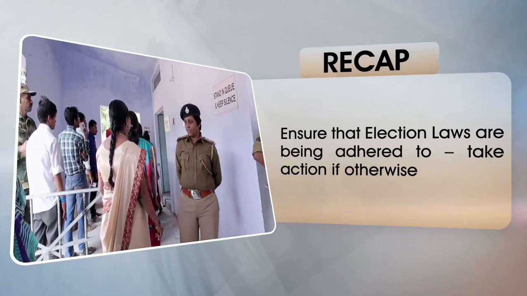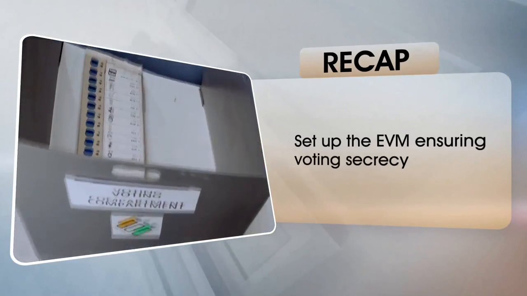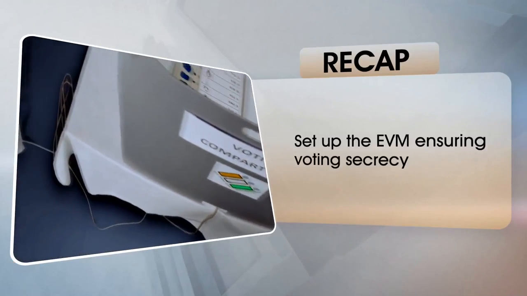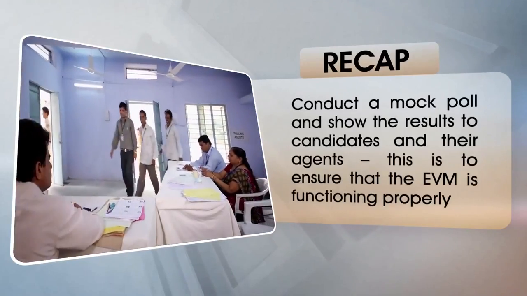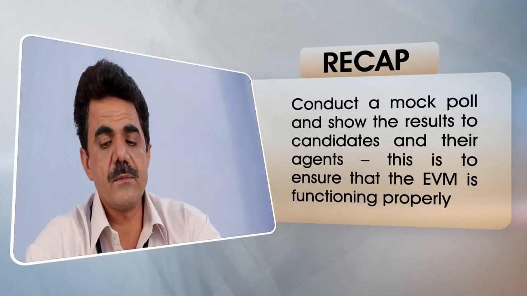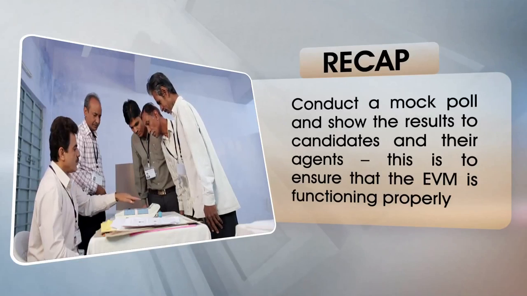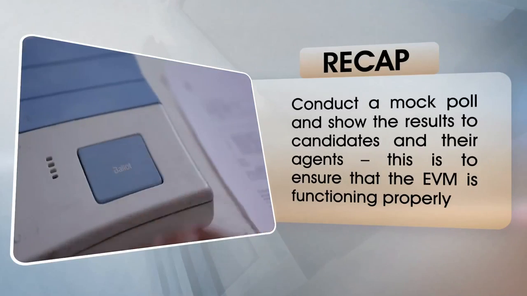Take action if otherwise. Set up the EVM, ensuring voting secrecy. Conduct a mock poll and show the results to candidates and their agents. This is to ensure that the EVM is functioning properly.